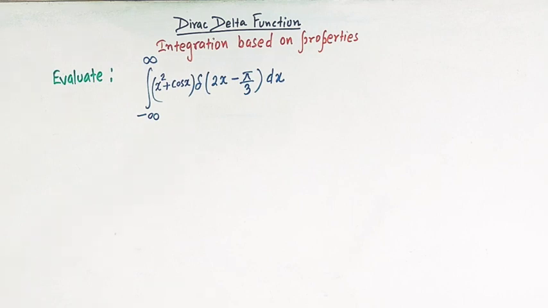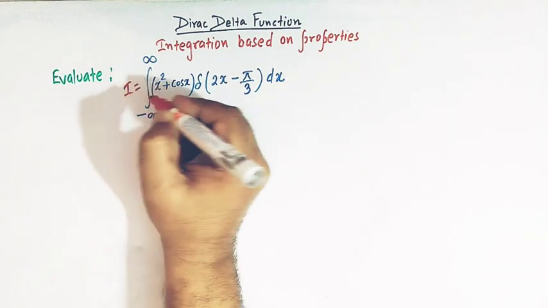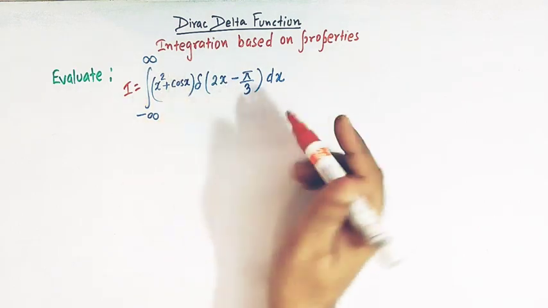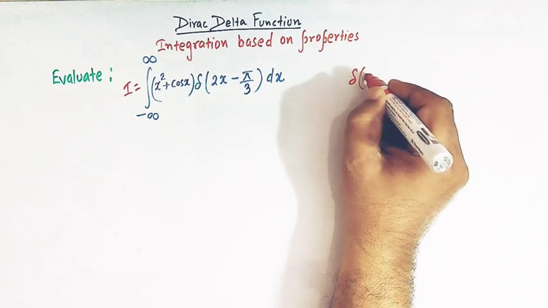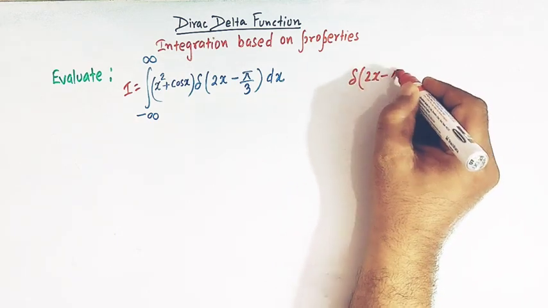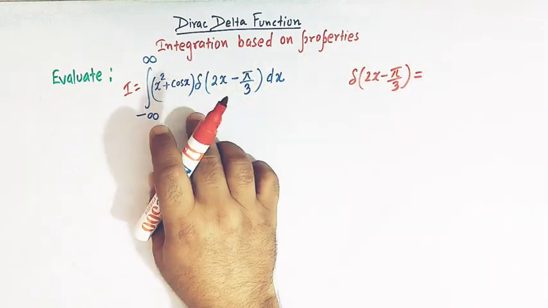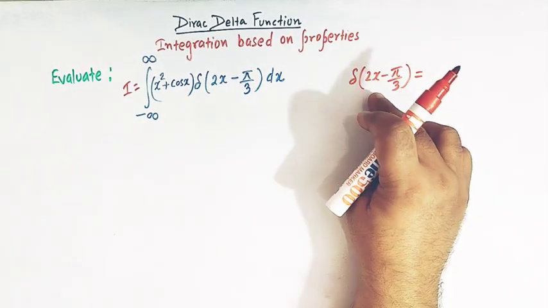So let us start. Let us first call this integral I. Now, in the integrand we have delta of 2x minus pi by 3, and while solving this integral we have to take care of this term.